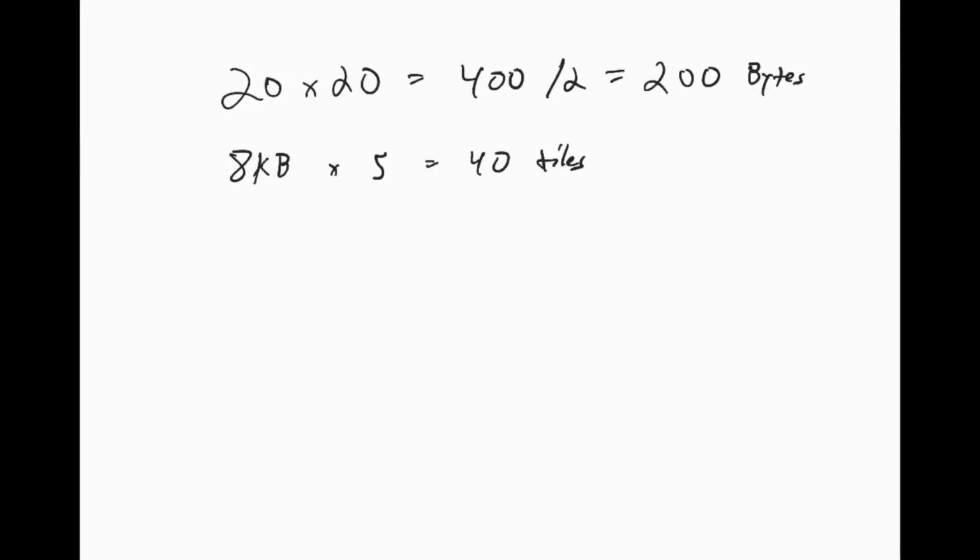And honestly, especially if we're procedurally generating things, I don't know that we would want a lot more than that, but you can get a lot more than that if you shrink the tile size.